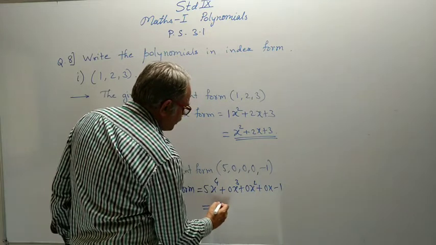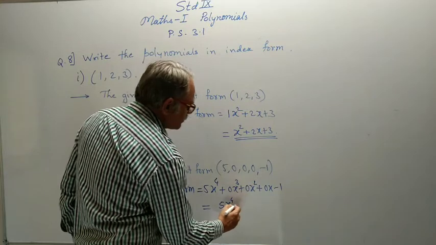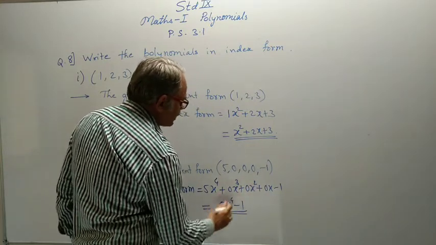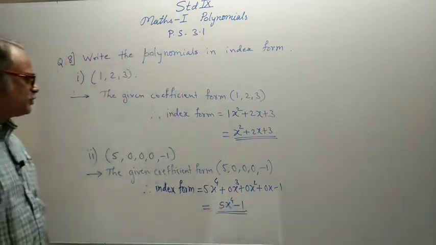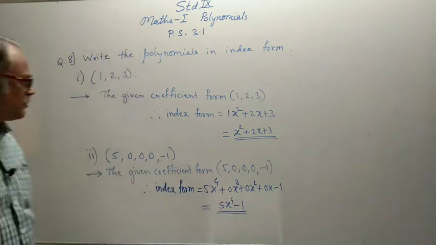In most schools they ask to simplify, meaning remove 0 terms. 0x cube and 0x square need not be written. In some schools they ask to write only in this form, but in most schools they ask to remove 0. So the simplified index form is 5x raised to 4 minus 1.